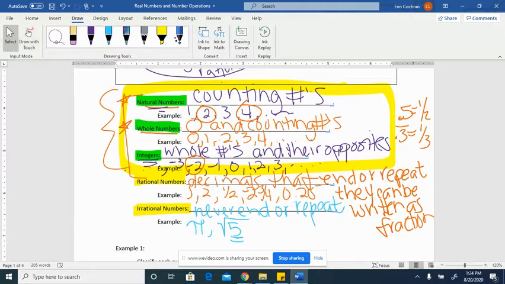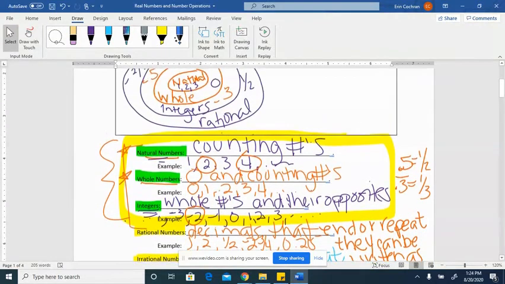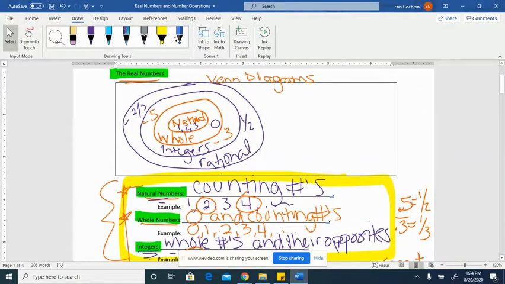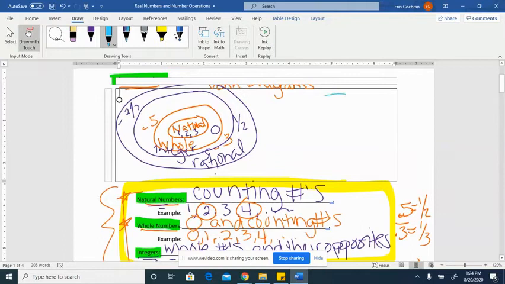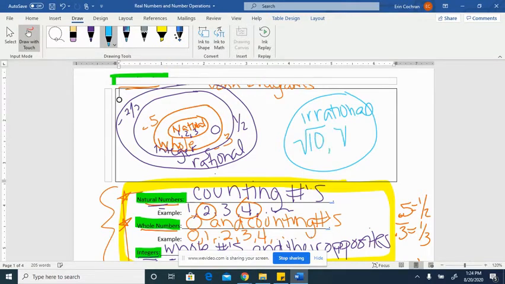So once again, numbers can't be rational and irrational at the same time. Irrational is its own category, like the square root of 10, square root of 52, pi, 2 pi, things like that.